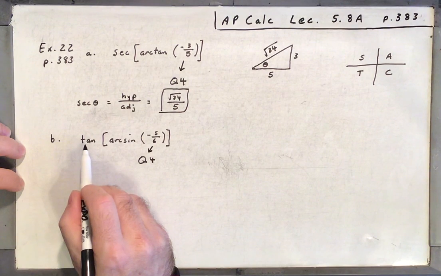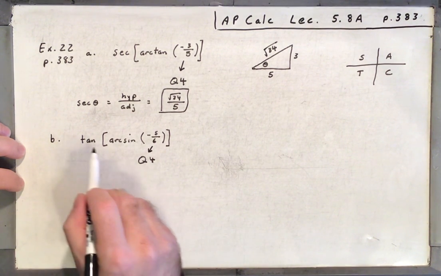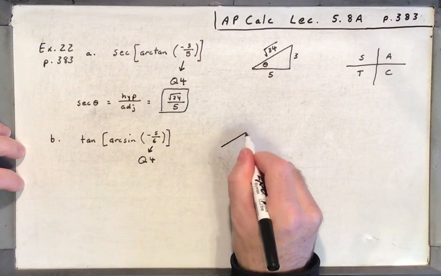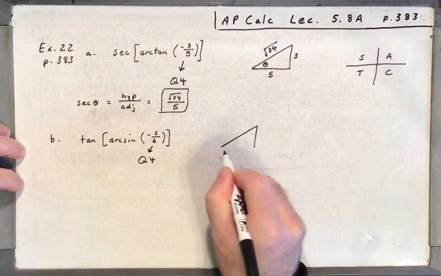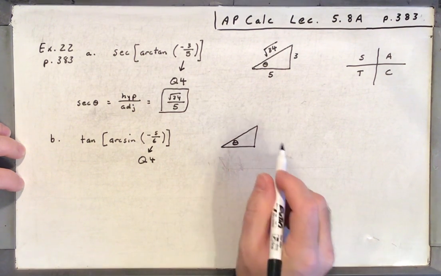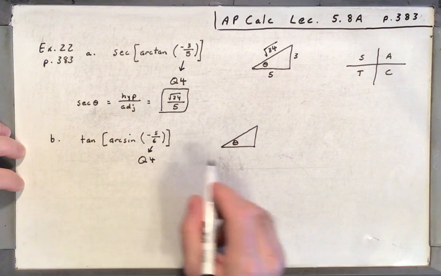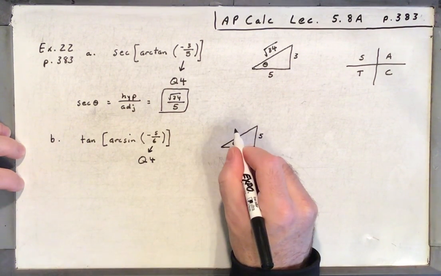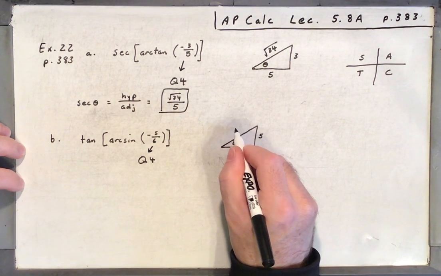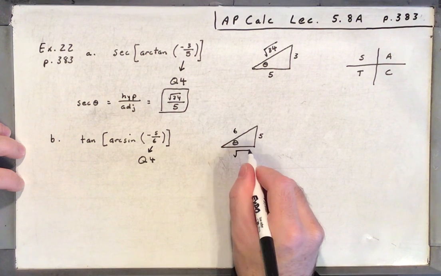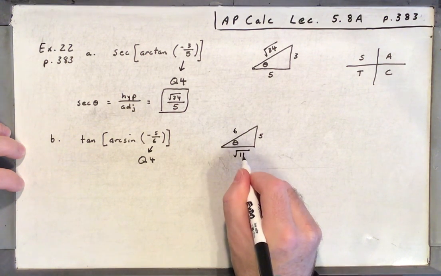Tangent's also negative in quadrant 4, so we're going to end up with a negative answer in the end. Okay, so let's draw our triangle. All right, angle theta. Sine is opposite over hypotenuse. If you use the Pythagorean theorem, this adjacent side would be the square root of 11.